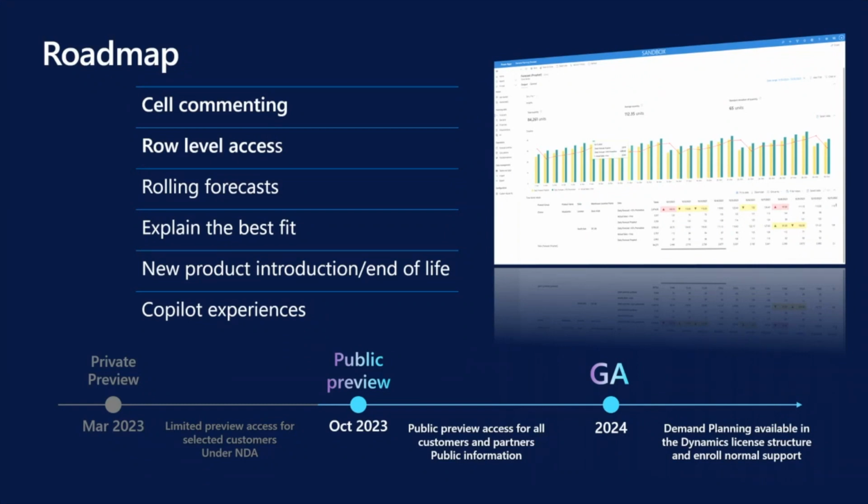The different features that are coming from today until the GA time are, first, commenting on that collaboration part, being able to comment on a cell why you changed the value from another one, being able to comment to your colleagues and have that traceability of comments inside the app itself. Then, role level access. As of now, everyone has access. If you are a user, every user will have access to the whole app.